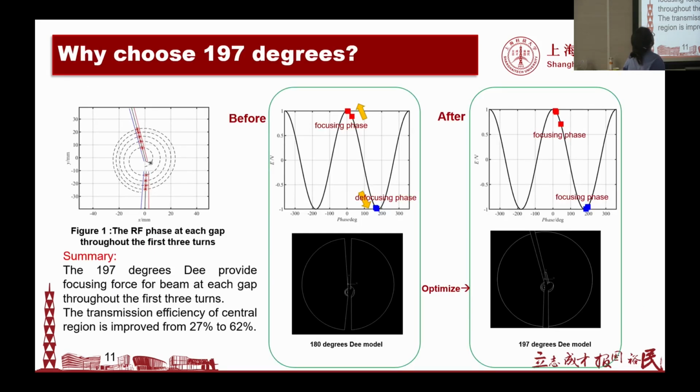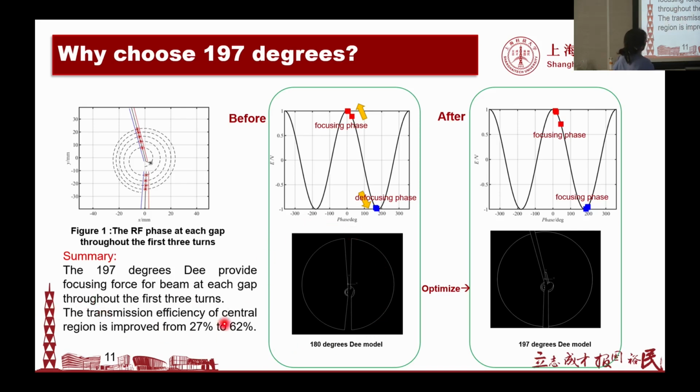Why do we choose 197 degrees? Figure 1 is the RF phase at each gap throughout the first 3 turns. From this figure, we can see that the electric field will give the beam focusing at the first gap and defocusing at the second gap. In this case, the transmission efficiency of the central region is 27%.